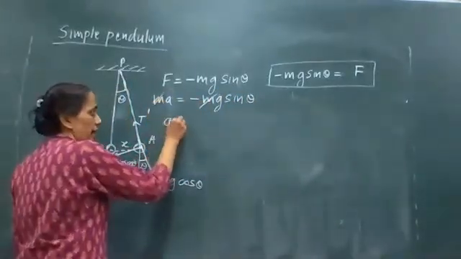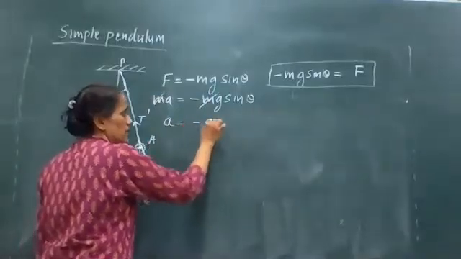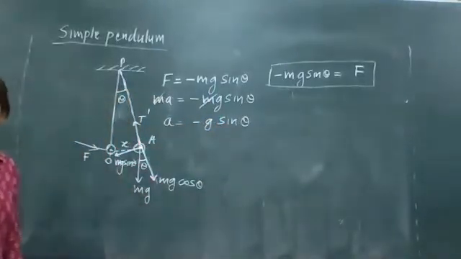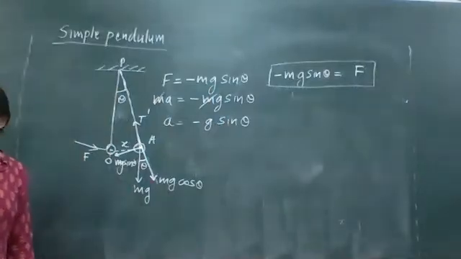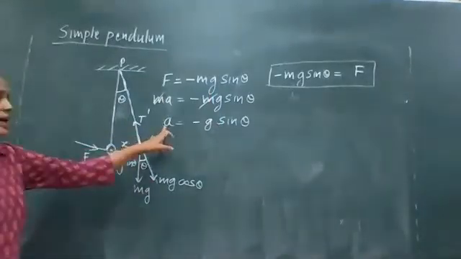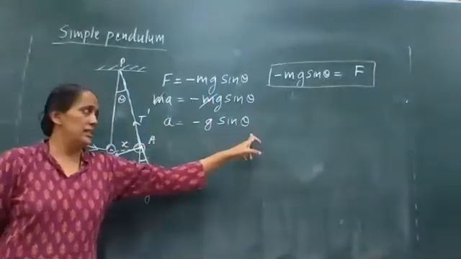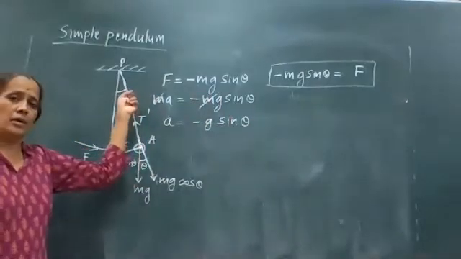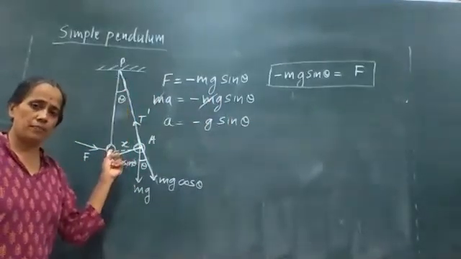So I get acceleration A is equal to minus g sin theta, where this theta is nothing but the angle made by the pendulum.